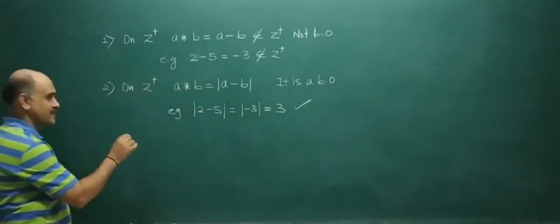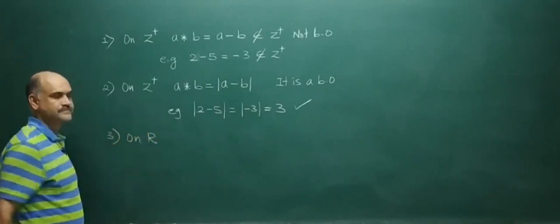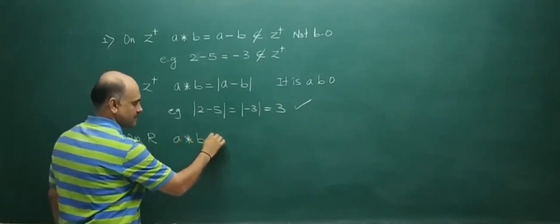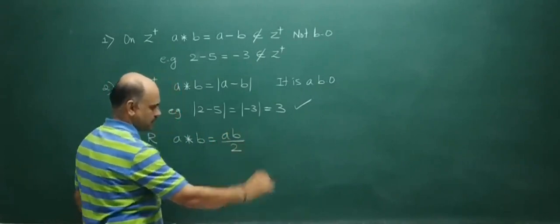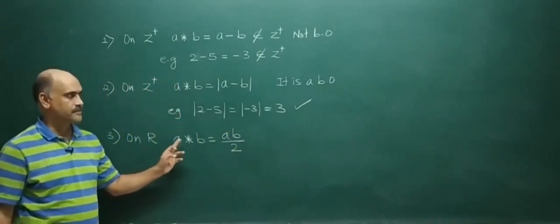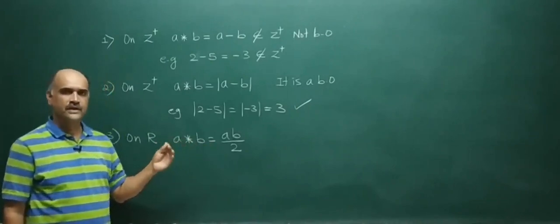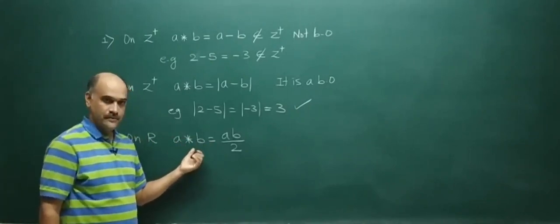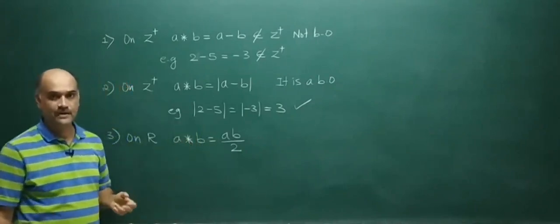Similarly, third, I will take on real numbers. On real numbers, A star B is equal to AB divided by 2. If you remember, in previous sessions I had told, when will a rational number not be a real number?